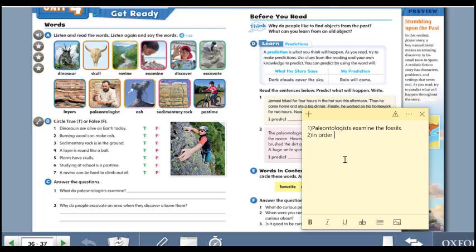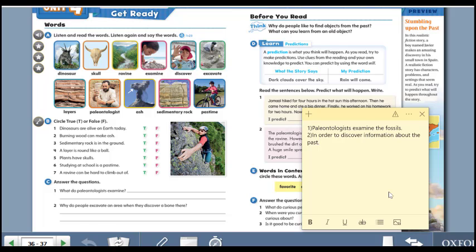In order to discover information about the past. So, number 1, what do paleontologists examine? Paleontologists examine the fossils. Number 2, why do people excavate an area when they discover a bone there? In order to discover information about the past.